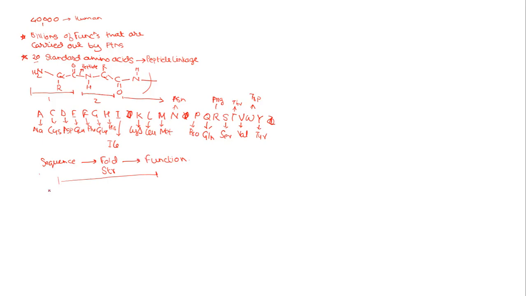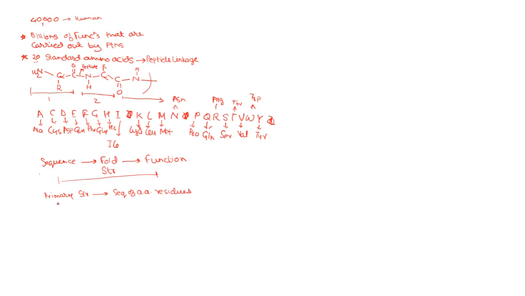Well, now a protein is said to be folded at different levels, or you can say the protein exists at different structural levels. What we call the primary structure of protein is nothing but the sequence of amino acid residues.